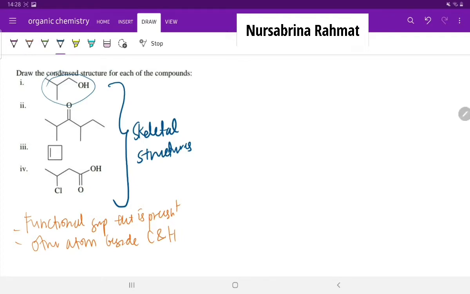Let's look at the first chemical structure. Whenever you want to write down a condensed structure, you first need to find out how many carbons are present in your organic compound. So we start labeling: this is the first carbon, second, and third.